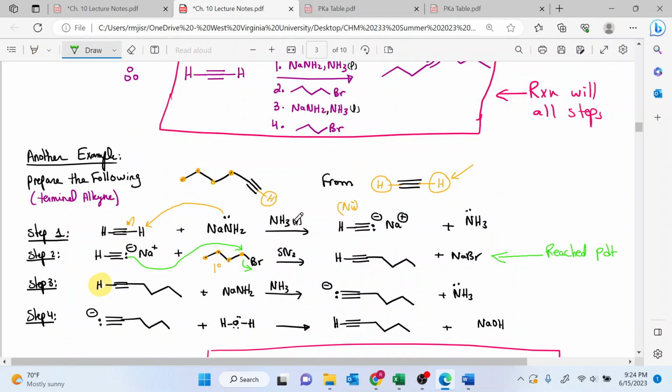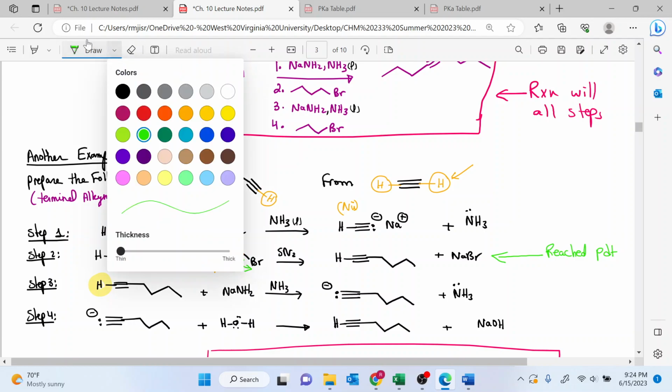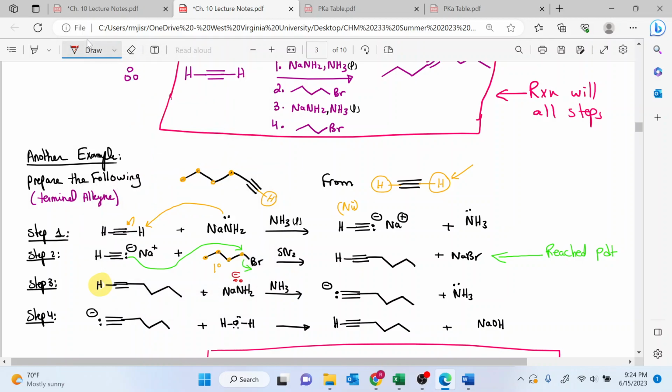And ammonia is a base. So that is going to ensure that the NH2 now is going to come and it's going to attack the acidic hydrogen in there and create the acetylide again.